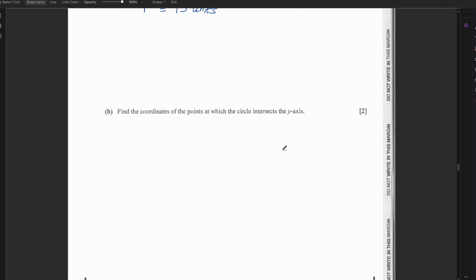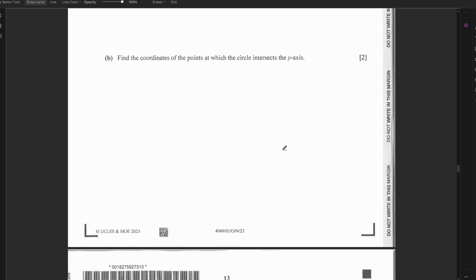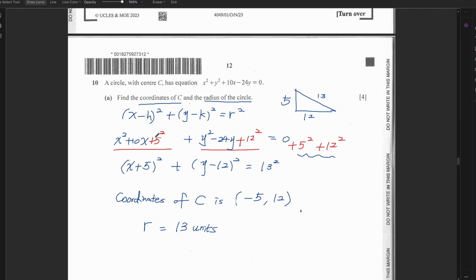Part B, find the coordinates of the points at which the circle intersects the y-axis. So that means at the intersection with the y-axis, your x is going to be 0, right? Therefore, I sub x equals 0 here.